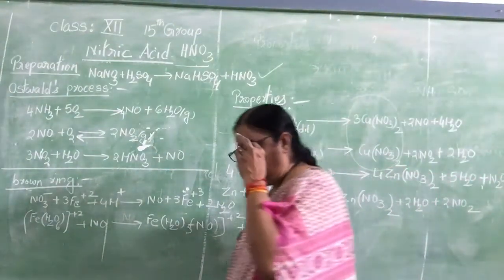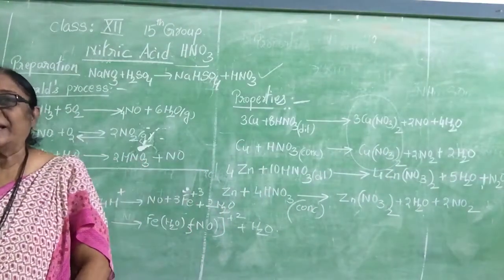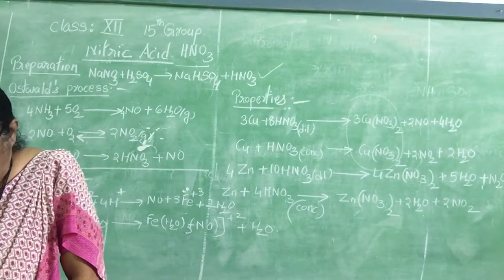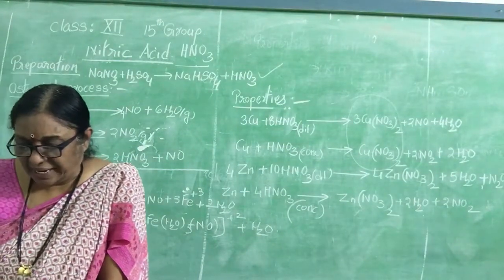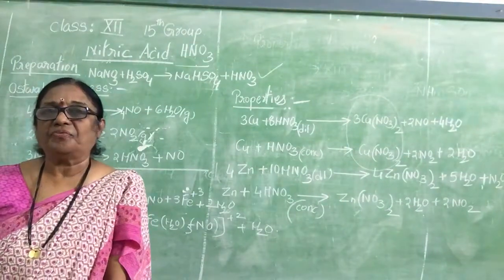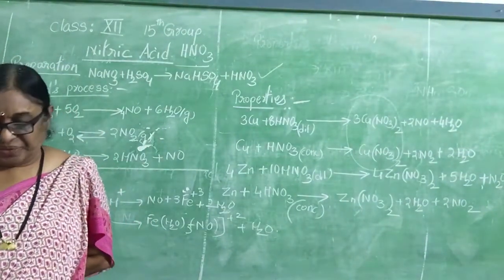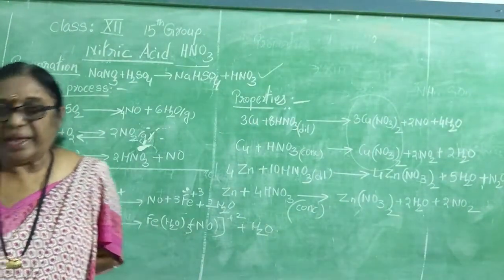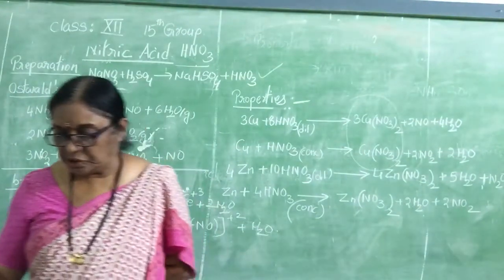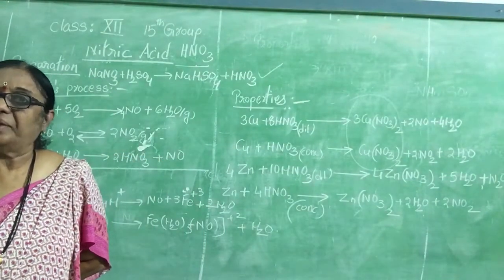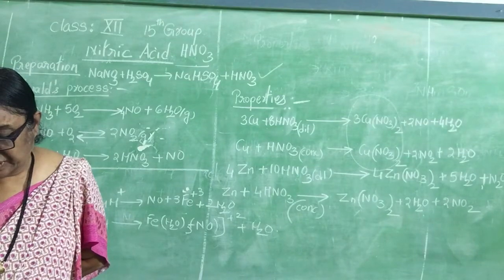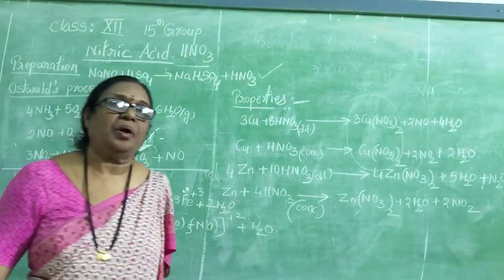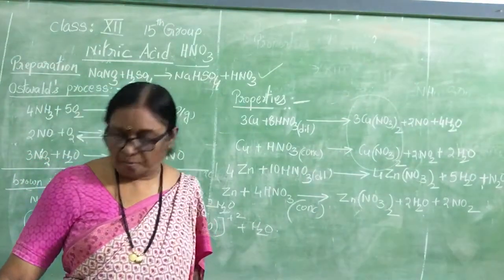Okay, children. Now next is the brown ring test, one of the important tests. The brown ring test of nitrates depends upon the ability of Fe2+ ions to reduce nitrates to nitric oxide, which reacts with the Fe2+ ion to form a brown colored complex.